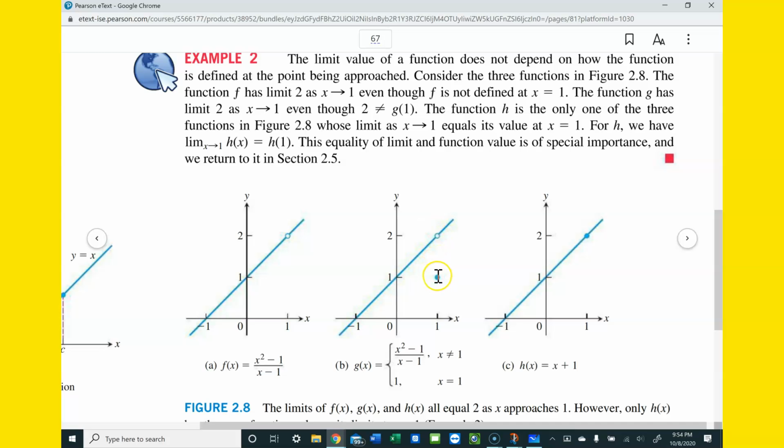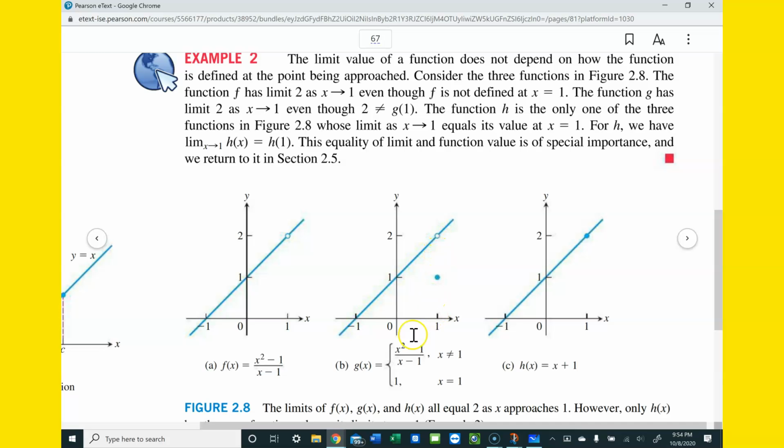It doesn't even matter that when x equals 1, the value of the function is 1. It doesn't matter what the value of the function is there. It only matters what the function is approaching. Doesn't matter what it is, it matters what it gets close to.